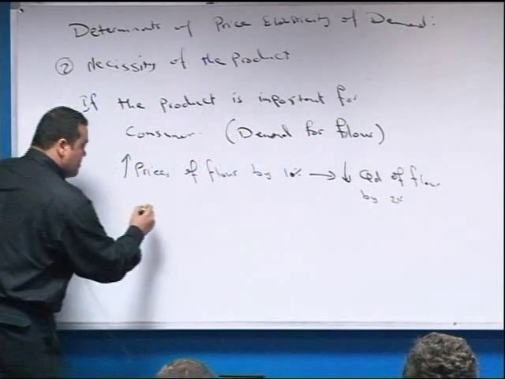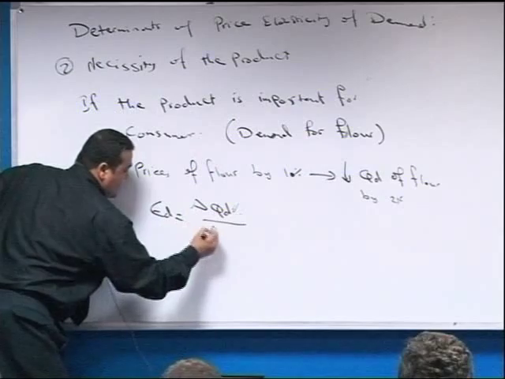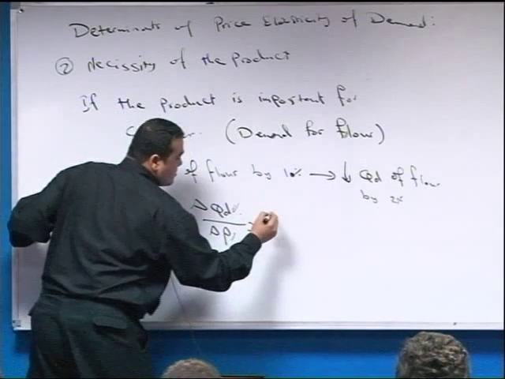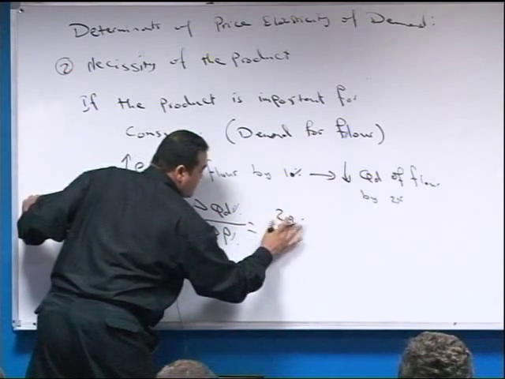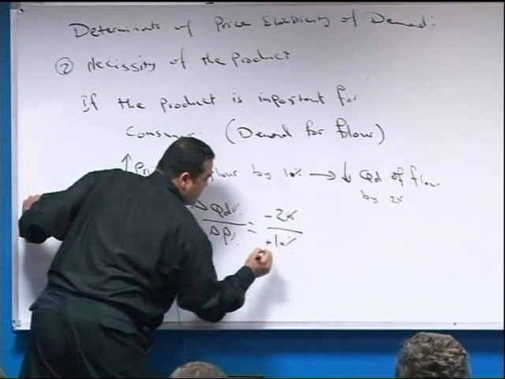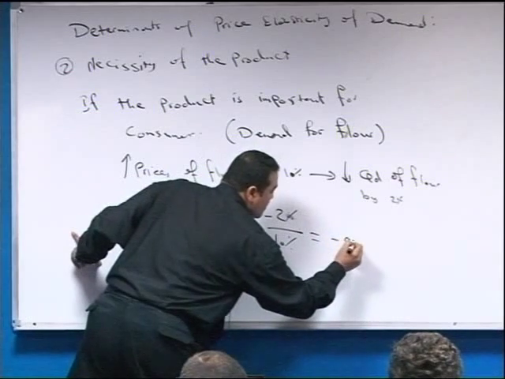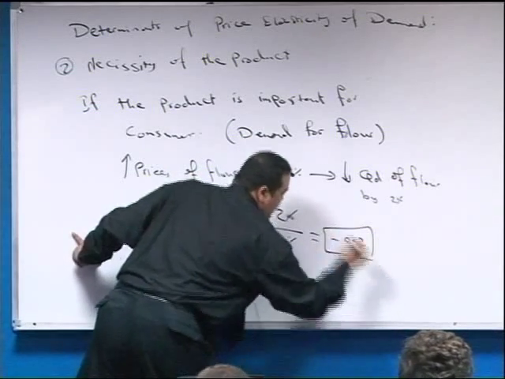So ED equals delta QD percent over delta P percent, 2% over 10%. So it would be inelastic.